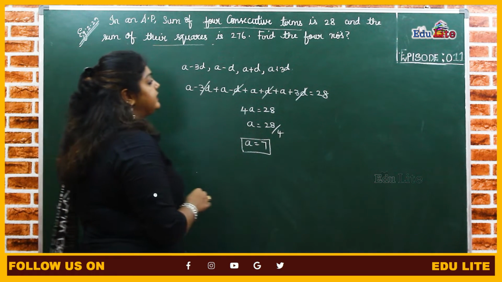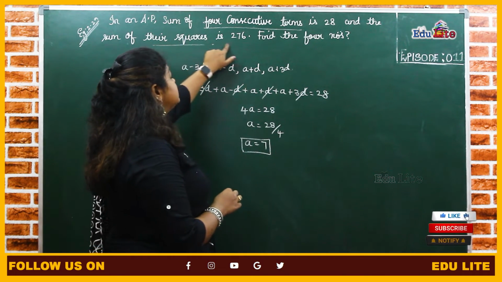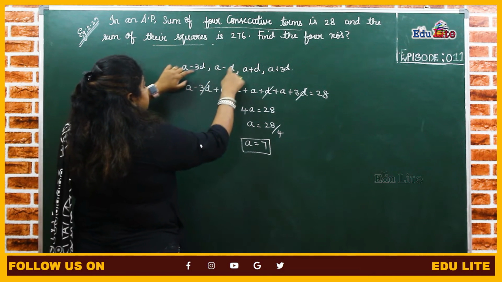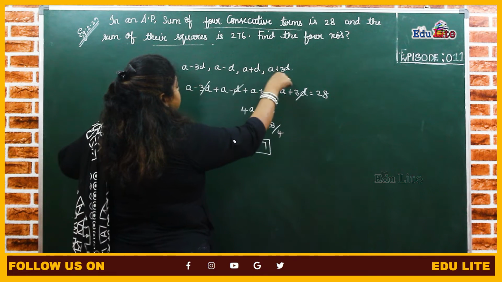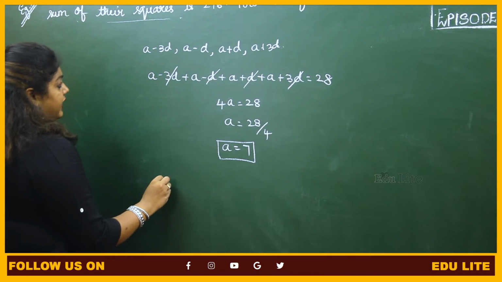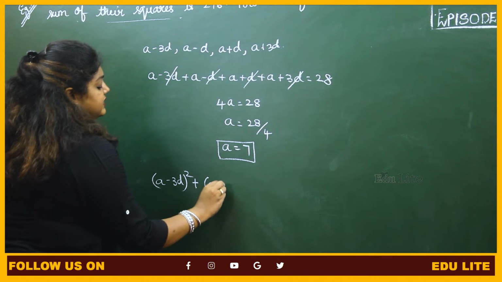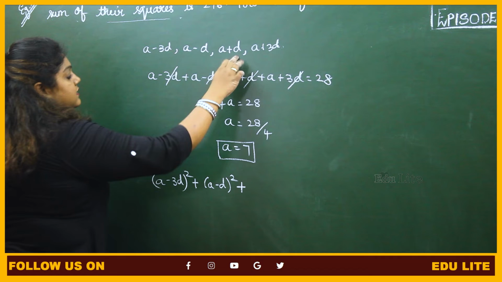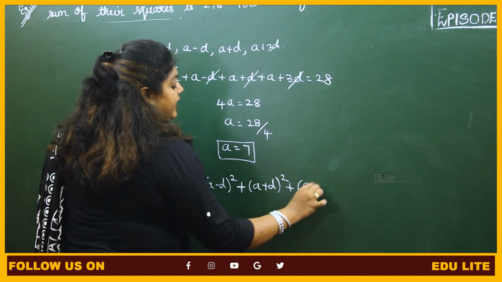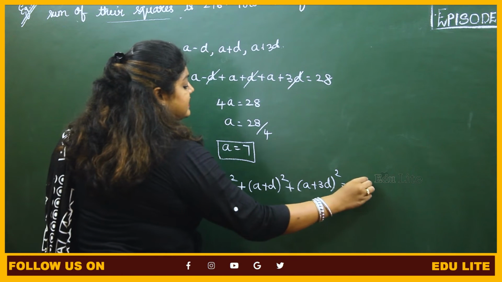The second hint is that the sum of their squares is 276. Each number has to be squared and we have to sum them, which will be equal to 276. So (a minus 3d) whole squared plus (a minus d) whole squared plus (a plus d) whole squared plus (a plus 3d) whole squared is given as 276.